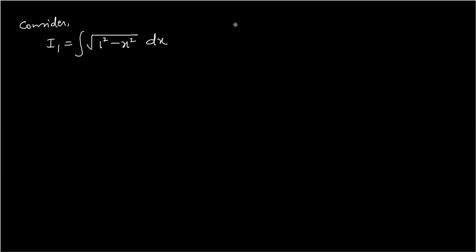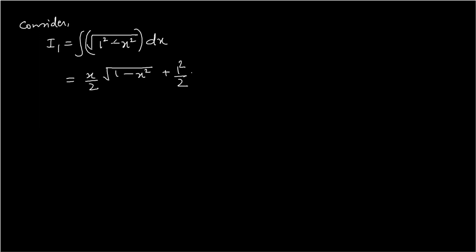So as I told you, the problems are going to use those results. Here I have x by 2 multiplied by the square root of 1 minus x square, plus 1 by 2 and the integral of 1 upon this, from the set 2 theories.